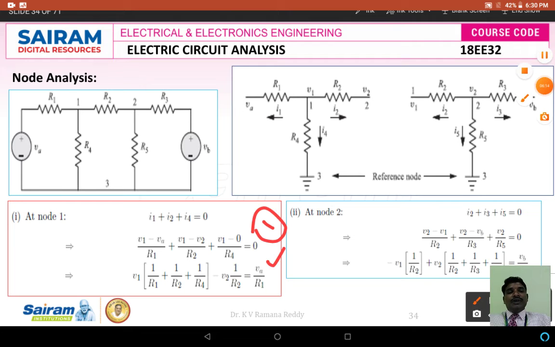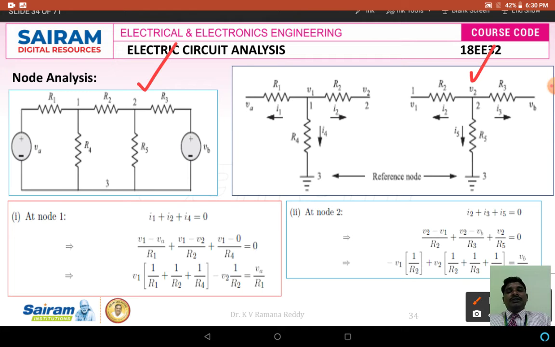Next, again I am going to apply Kirchhoff's current law at node 2. With nodal analysis at node 2, the unknown node voltage V2 is there, and I am analyzing the branches connected to node 2, because in the given circuit diagram this is node 2.